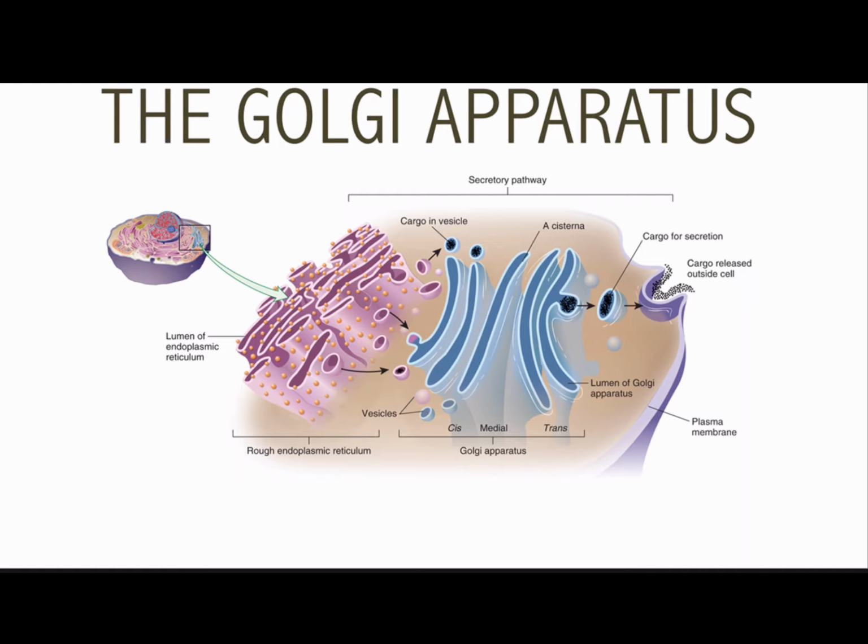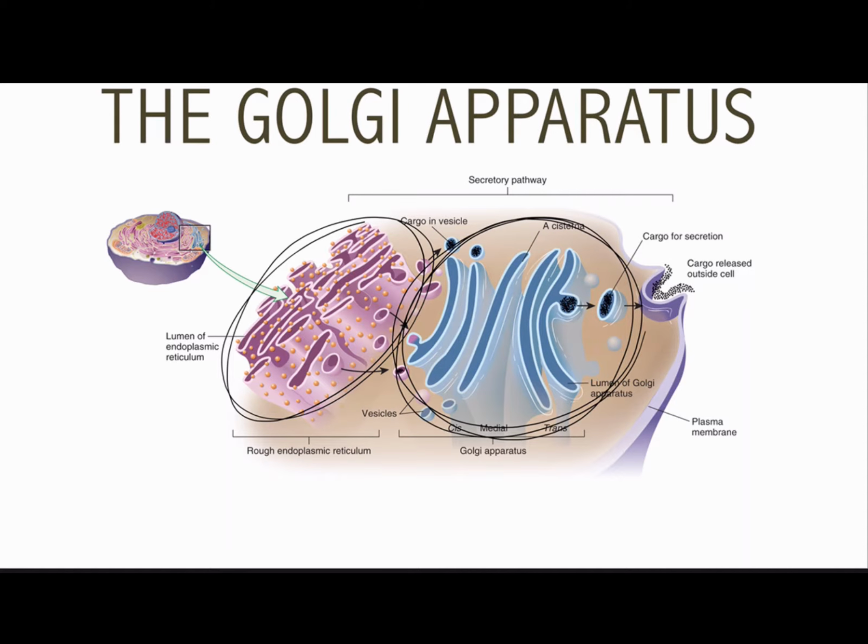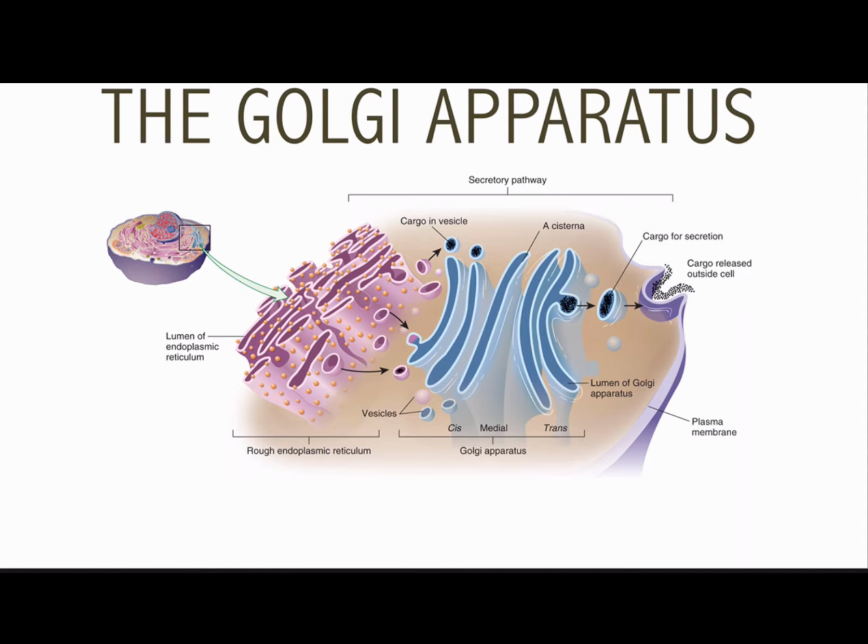So as I was saying, the endoplasmic reticulum, which is diagrammed here, is functionally very, very tightly connected to this structure here called the Golgi apparatus. To understand the function of the Golgi apparatus, we've got to keep thinking about the endoplasmic reticulum.